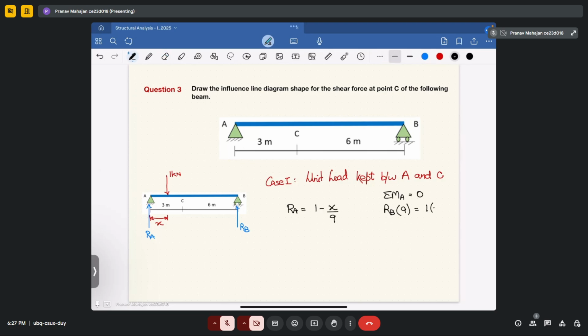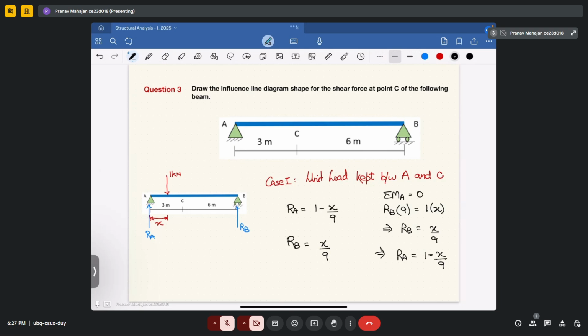So 1 into h will give you RB equal to h upon 9. So from this you will get RA equal to 1 minus h by 9. Similarly, you will get RB equal to h upon 9 because the total is 1.